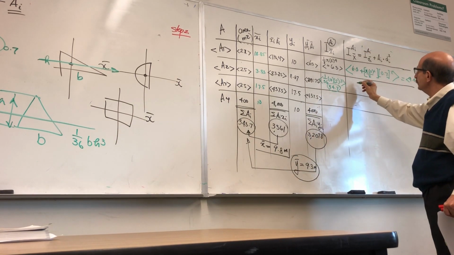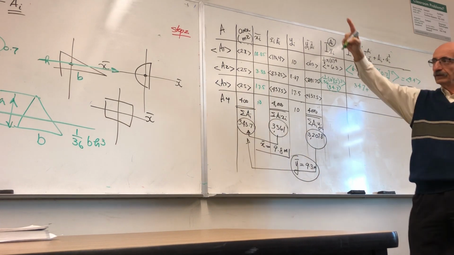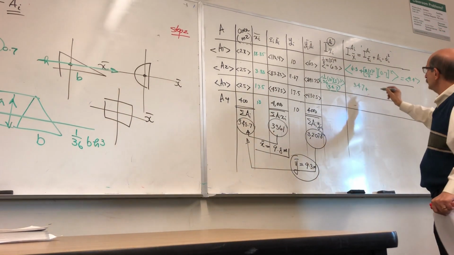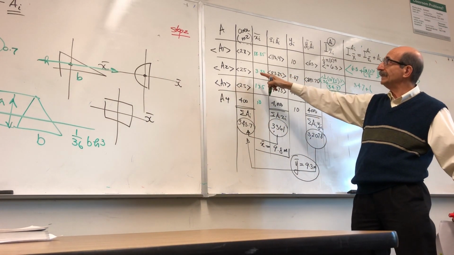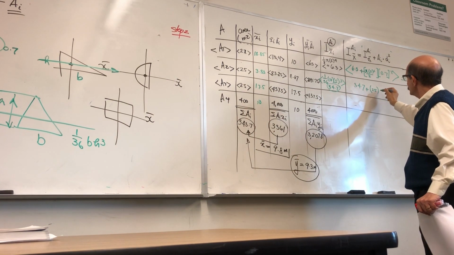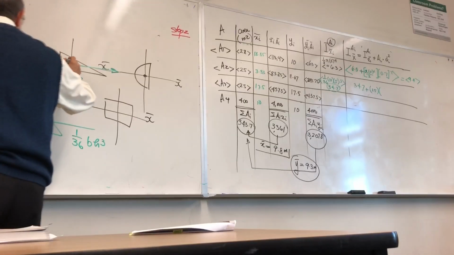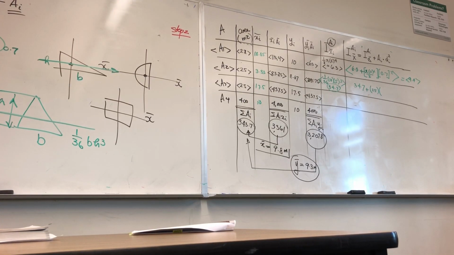So this would be 34.7 plus the area of that triangle, which you already have, 25, times the distance squared from here to here.